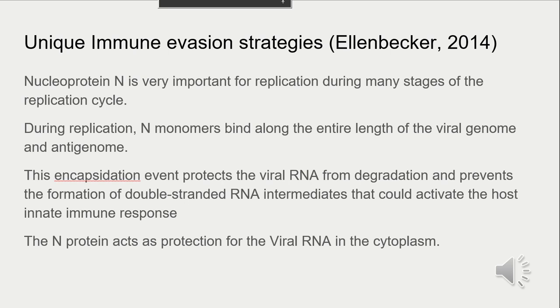It's about the nucleoprotein N and how it is very important for replication during many stages of the replication cycle. During replication, N monomers bind along the entire length of the viral genome and antigenome. This encapsulation event protects the viral RNA from degradation and prevents the formation of double-stranded RNA intermediates that could activate the host's innate immune response.